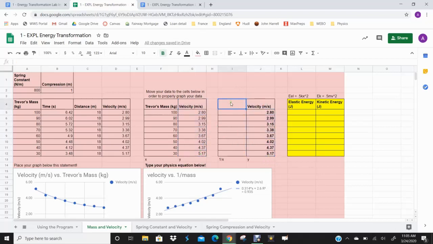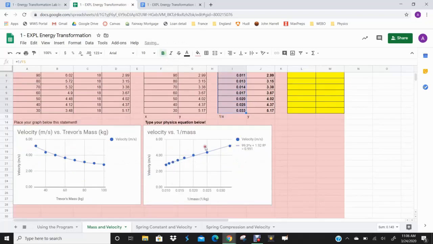However, instead of doing Trevor's mass, we are now doing 1 over the mass, which is in 1 over kilograms. We're going to put in an equation here, equals 1 divided by, and then you click on the mass. We should do 1 divided by all those masses. We'll just drag that down, and that's what you should have there.